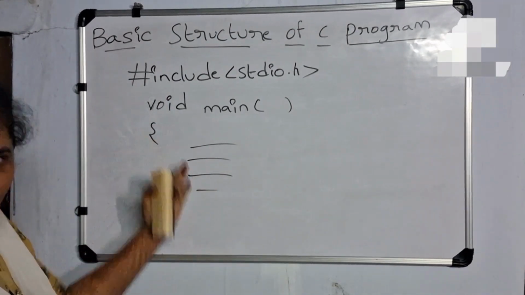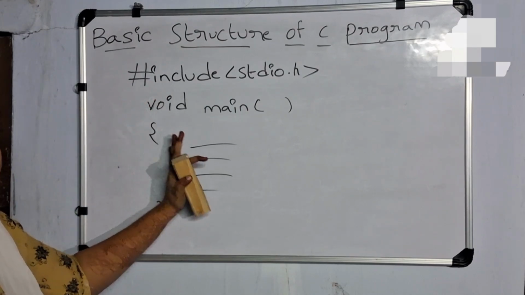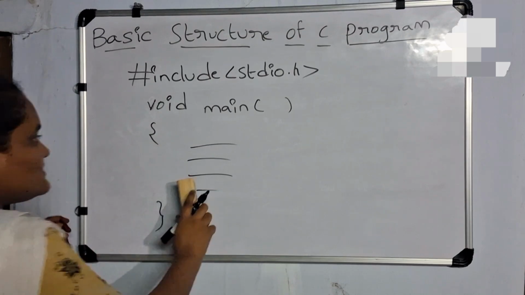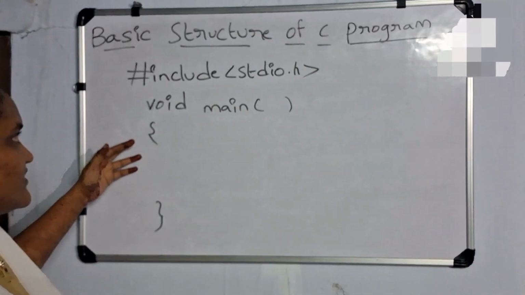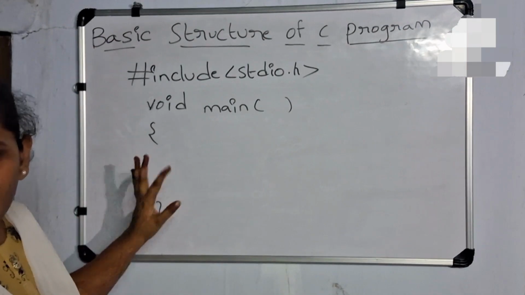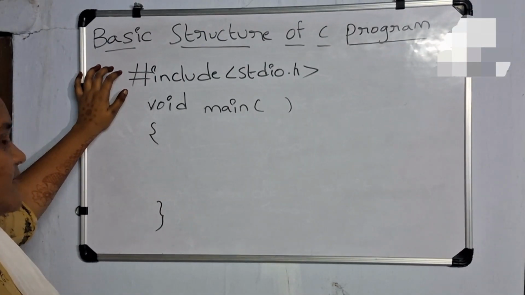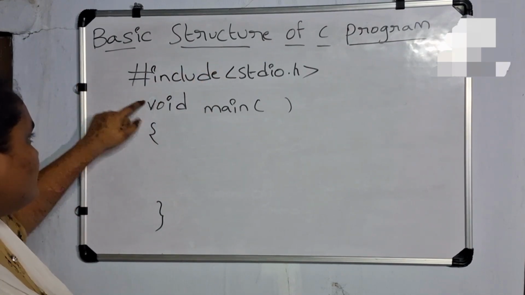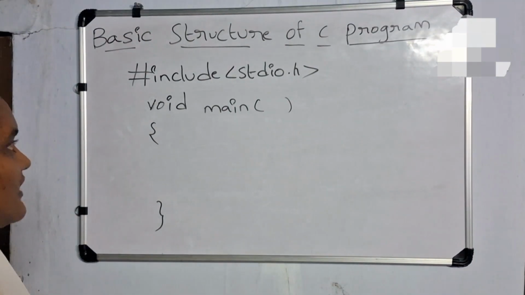The main part of the program will be here in the main block. So these are the two things which every C program should have: this preprocessor directive, also called a header file, and this main function.